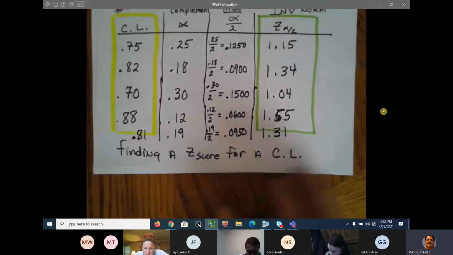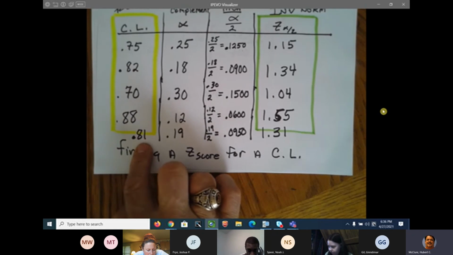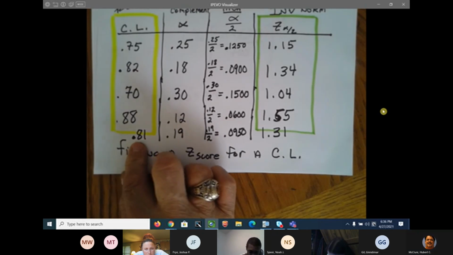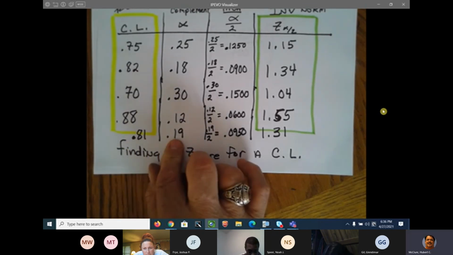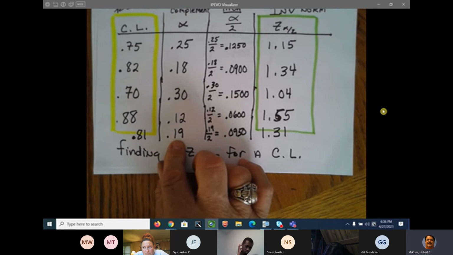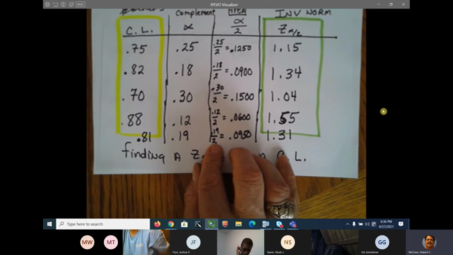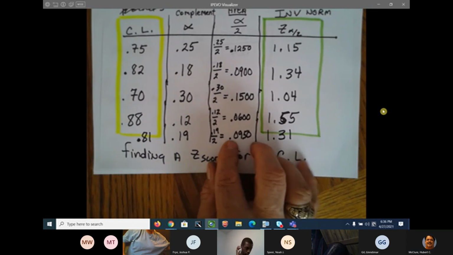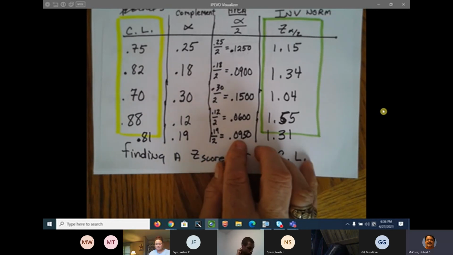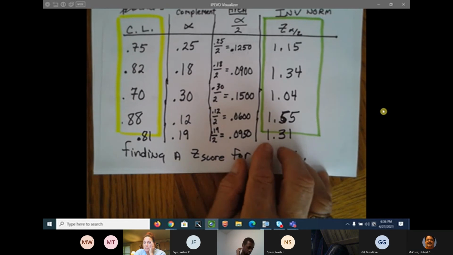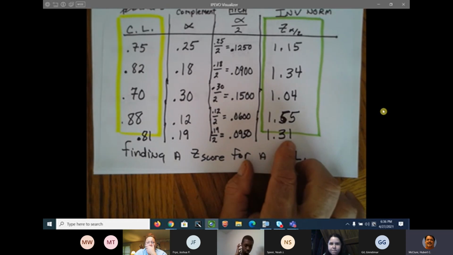There it is down at the bottom. They gave us 0.81. P is 0.19. I'm sorry, alpha is 0.19. Take 0.19 and divide by 2 and get 0.0950. And that's 1.31.